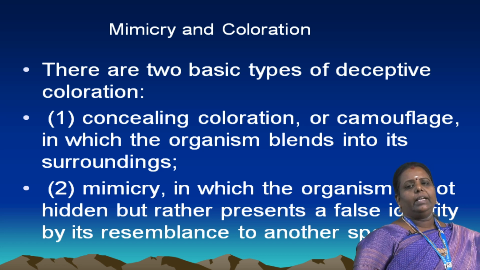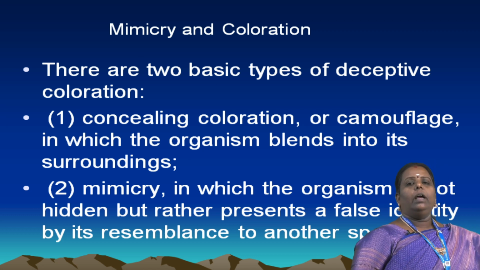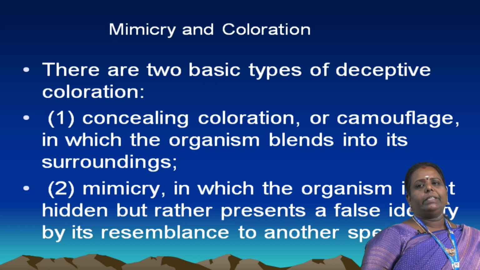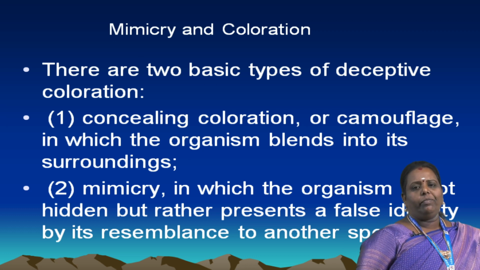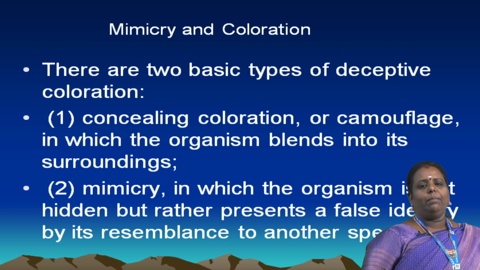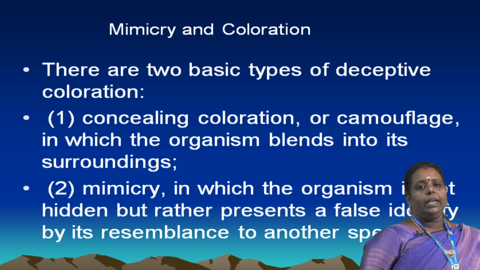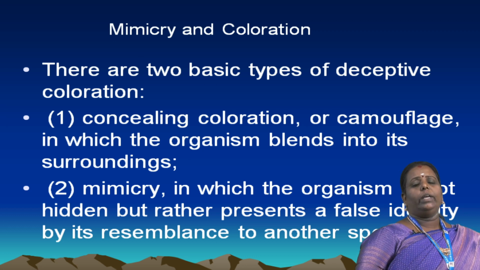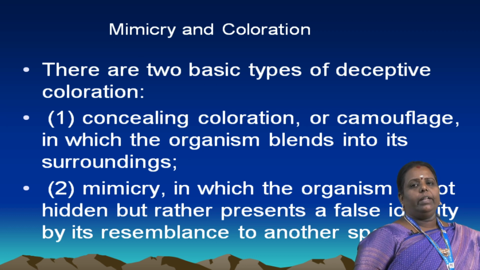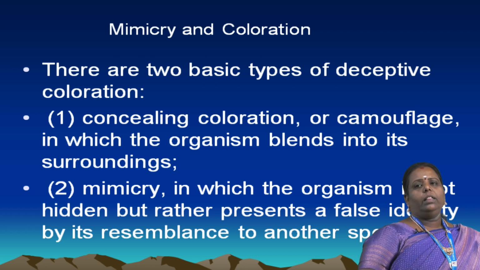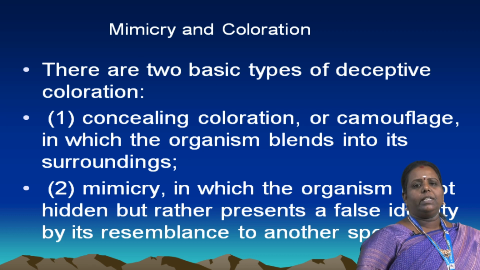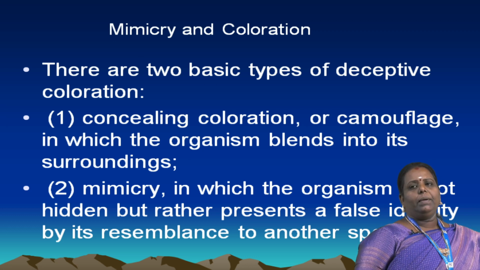The first is concealing coloration, or camouflage, in which the organism blends into the surroundings. It is adapted to the surroundings. A very good example is the chameleon with its green color, and another is tree bark color. They have adapted, and many leaf insects look like trees. That is a very good example of coloration. Mimicry is not hiding, but rather presenting a false identity, resembling another species. This is a very good example of mimicry and coloration.